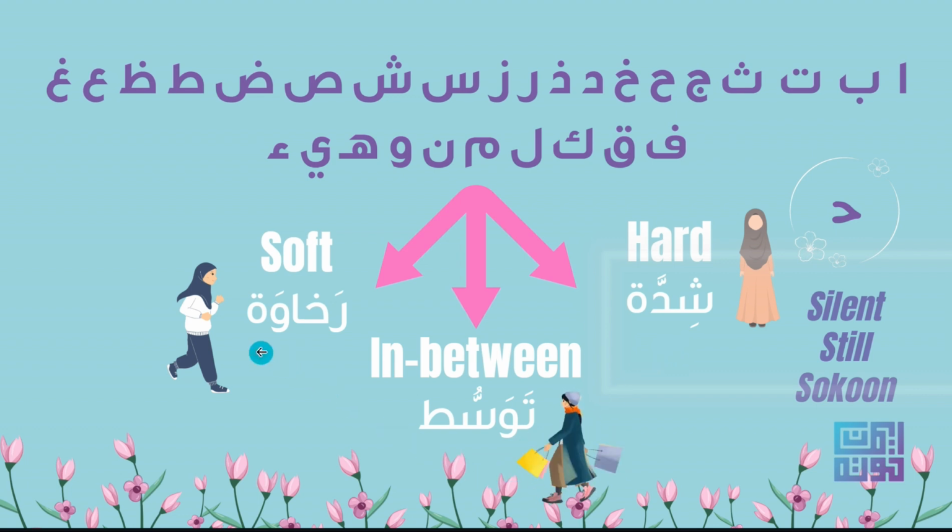What is this softness, rakhawa? Like in the letter tha, it runs in the makhraj, in the exit, the sound runs, right? Let us try, for example, the letter tha, and let's pronounce a tha sukoon.